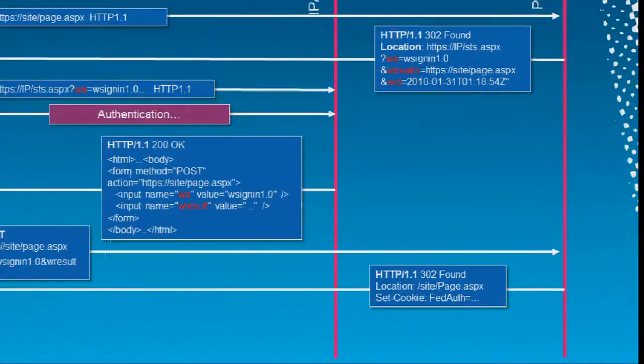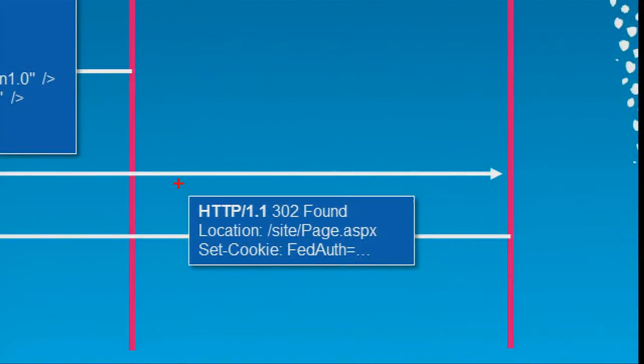And here, WIF verifies that the token is good, and here, apparently it is. So it sends another redirect, but this time on itself, because it wants to set a session cookie. So that the next time you come, you'll follow the 302 by sending again the GET in the same place, but you will also send this cookie.